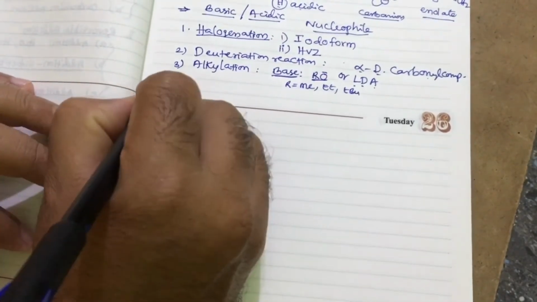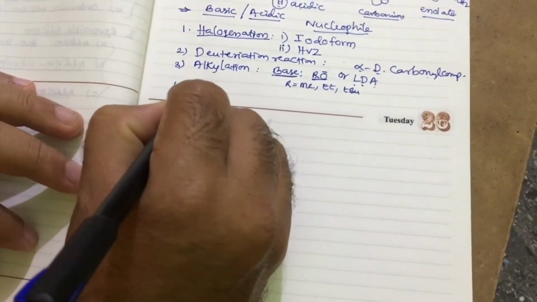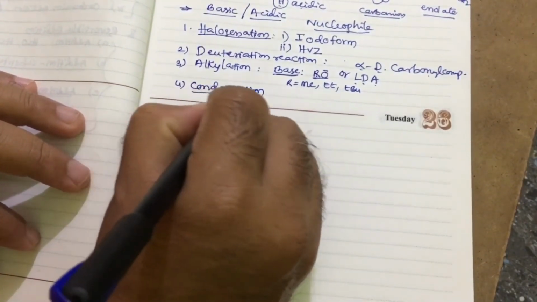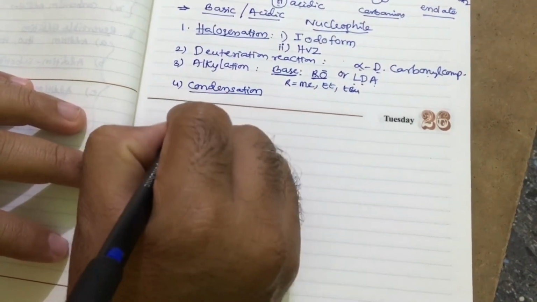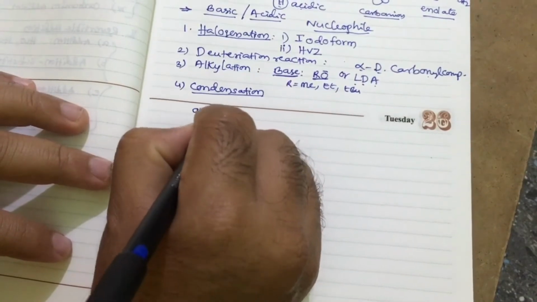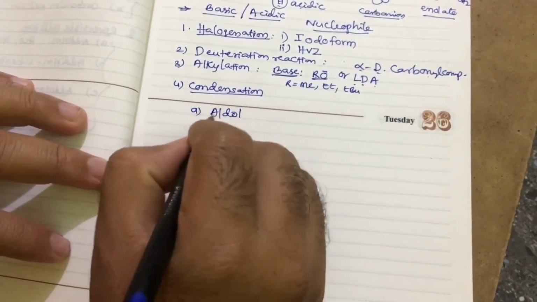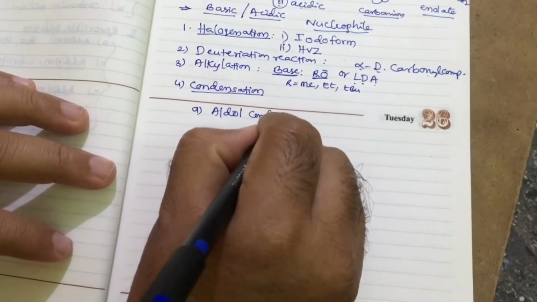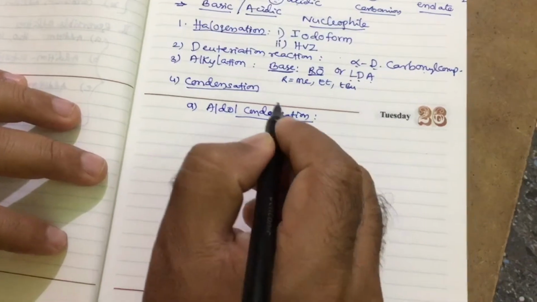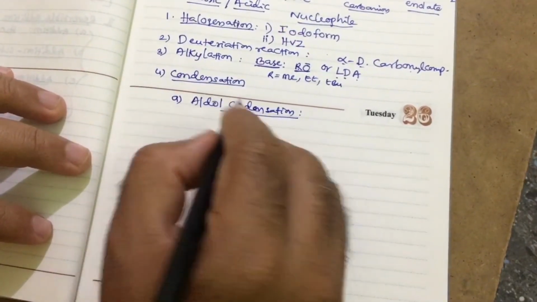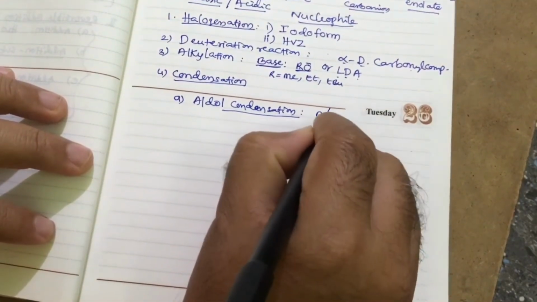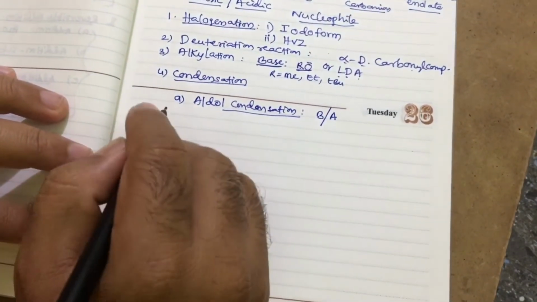Next, the fourth one is condensation reaction. What are the condensation reactions involved through enolate? I can write them as A, B, C, D also. Here A is the aldol reaction, the aldol condensation reaction. Generally the aldol condensation reaction can undergo in acidic medium also, basic medium also. That's why I want to write that in basic medium it takes place, or acidic medium also it takes place.